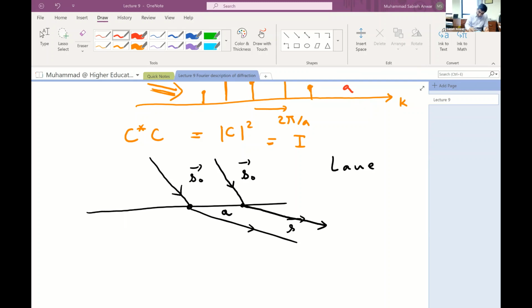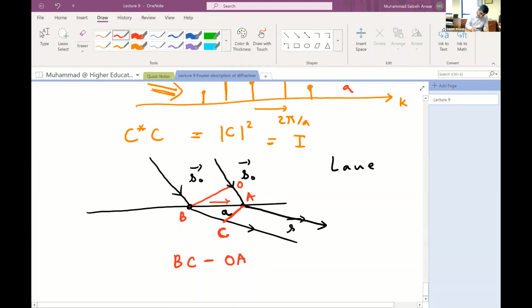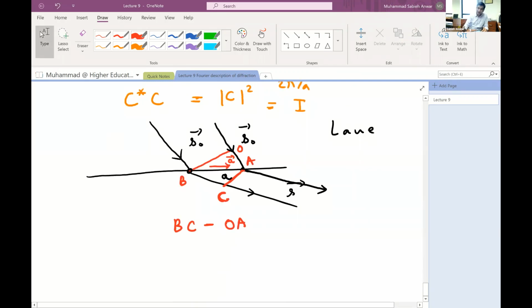So in this particular case, I were to find out the path difference, BC minus OA, and I can define this vector here, the A vector, and it turns out that if I look at this scheme, S minus S naught dot product with A has to be equal to an integral number of wavelengths.